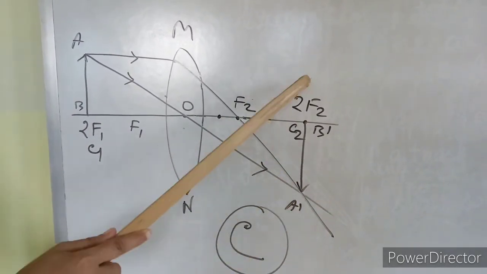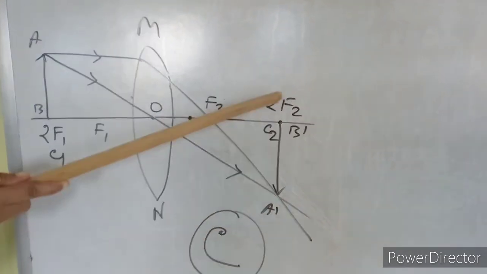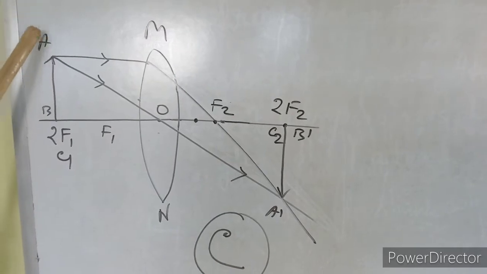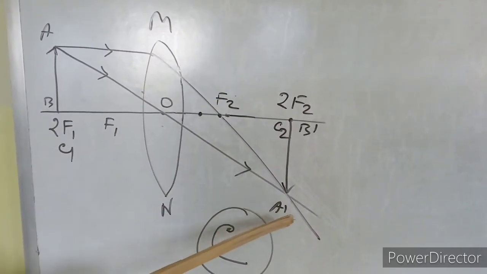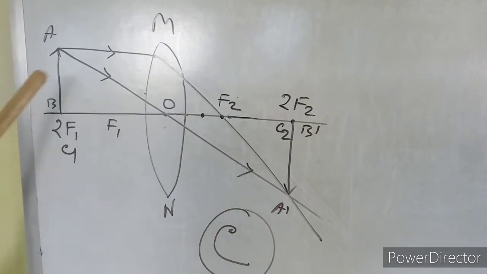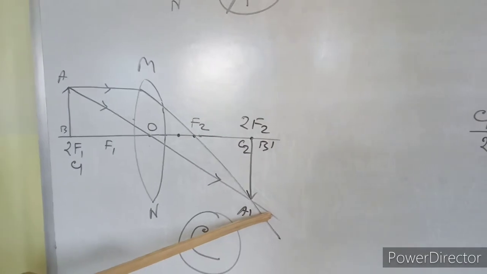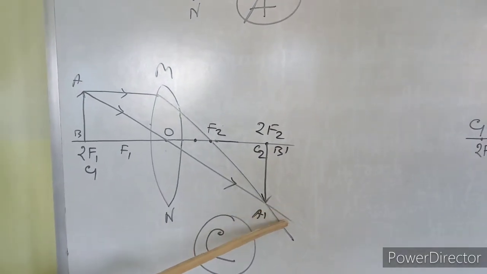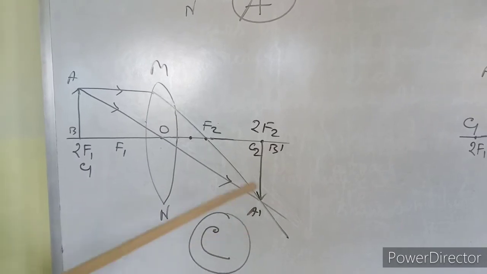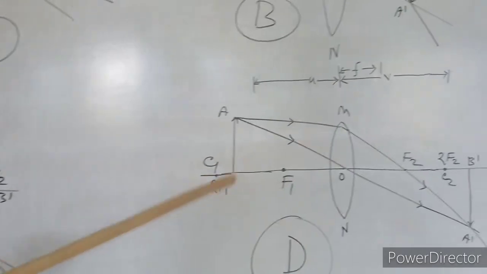They are meeting at a point. Where are they meeting? They are meeting at 2f2. The object was at 2f1, an image is formed at 2f2. Size of the object and image are same. This is also inverted and real. The image is inverted, real, is of the same size, and where is the position? Position is at 2f2.